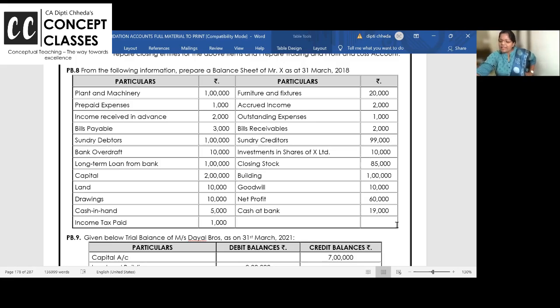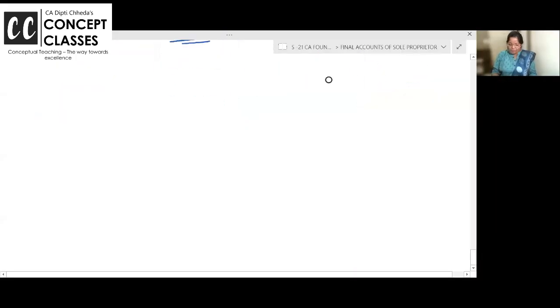So let us do it on the liquidity basis, so current assets we write first. Right now we will write the balance sheet asset side. There are fixed assets, investments, and current assets too. Let's do it with a good format. We will do problem 8 now in class.